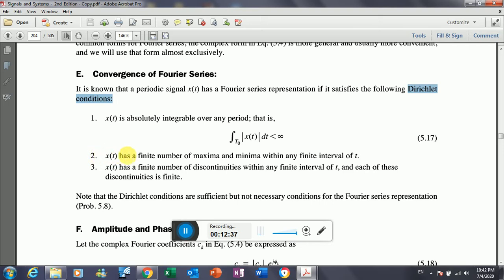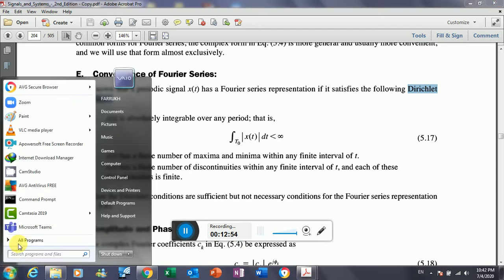Number two condition is that x of t has a finite number of maxima and minima within any finite interval of t. So that means x of t should have a finite number of maxima and minima. So it should be like this.